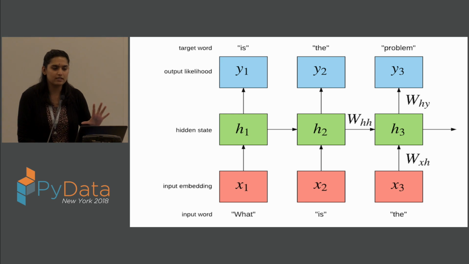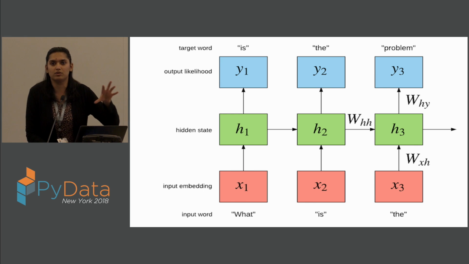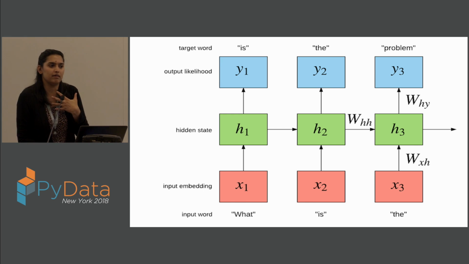In the neural network world, this is broadly what the structure might look like. You have input words, which map to input embeddings. Again, if you've worked with NLP, you're probably aware of word2vec sort of embeddings or GloVe embeddings or fastText more recently. And then the hidden state layer here is where the magic lies. So this could be any kind of deep learning model that we talk about.